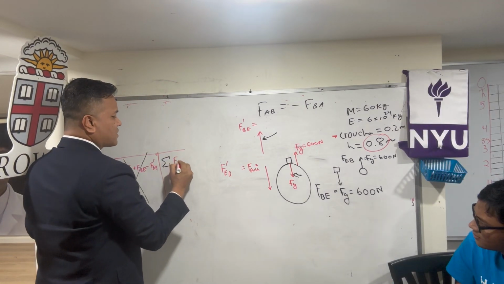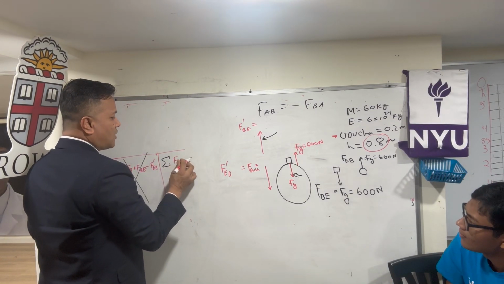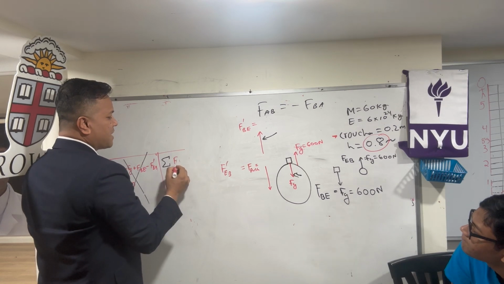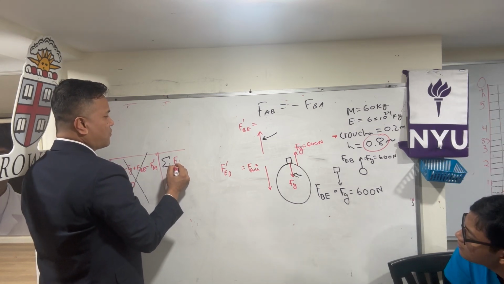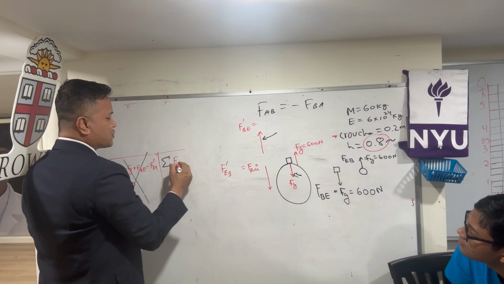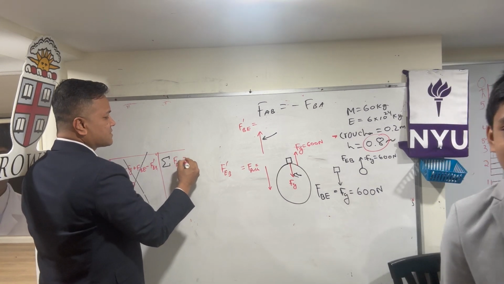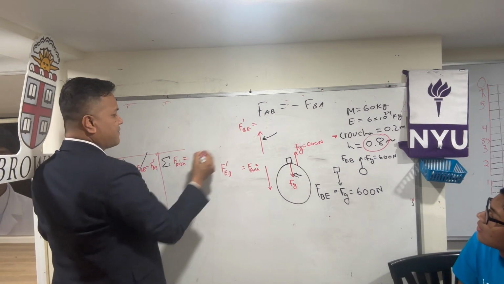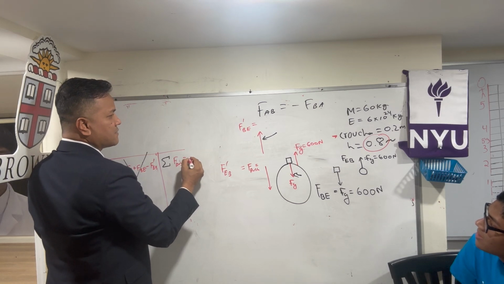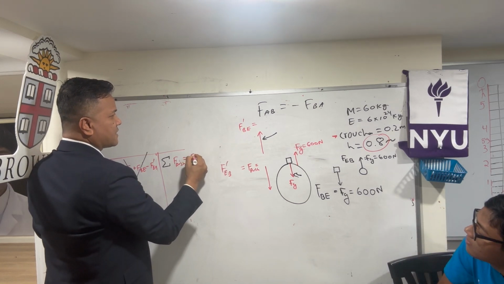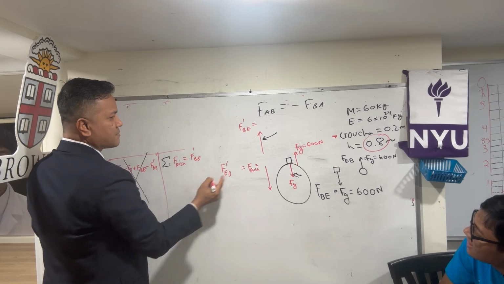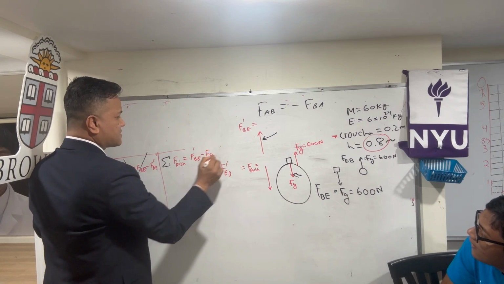So F push is equal to what? F push is equal to F_BE prime minus Fg, that's it. That's F push.